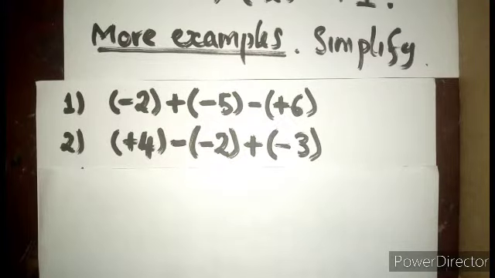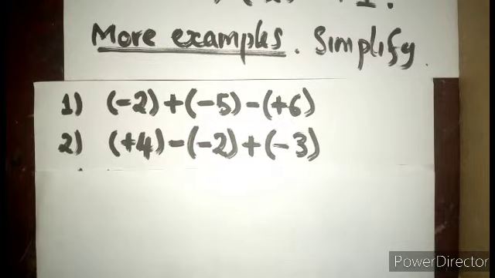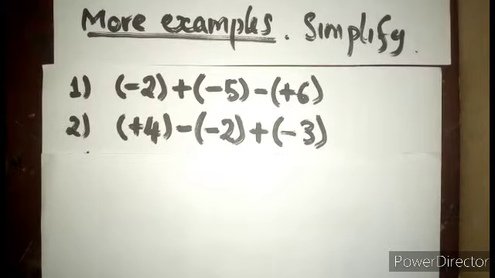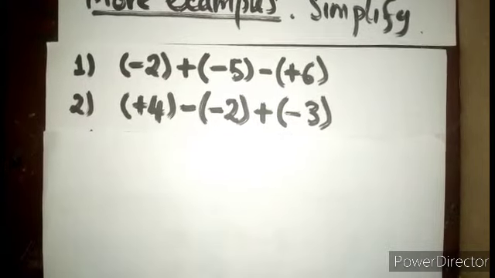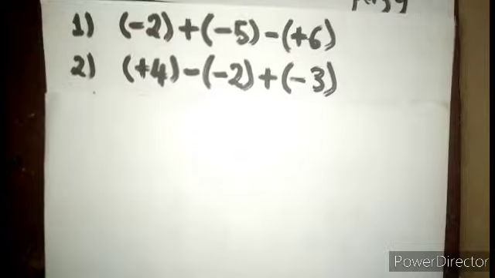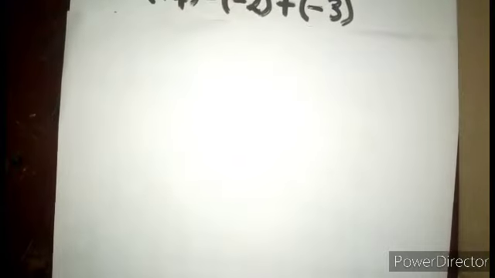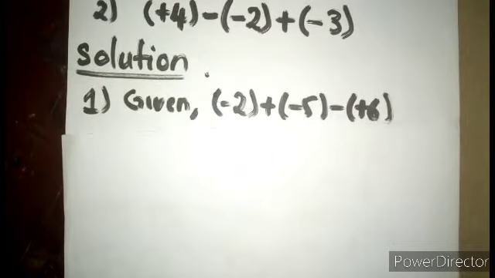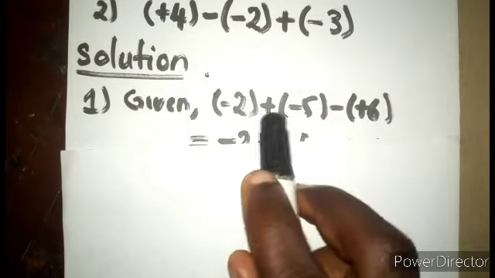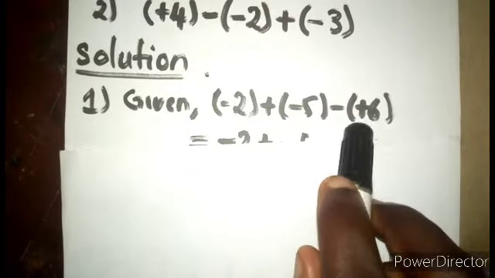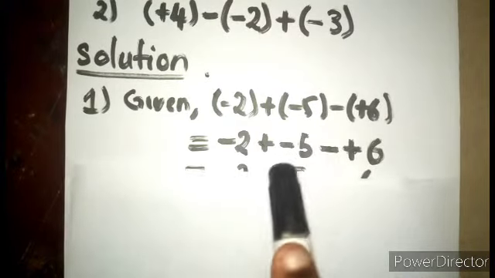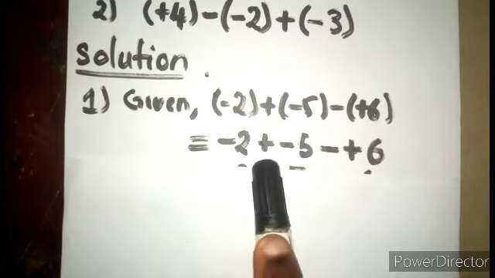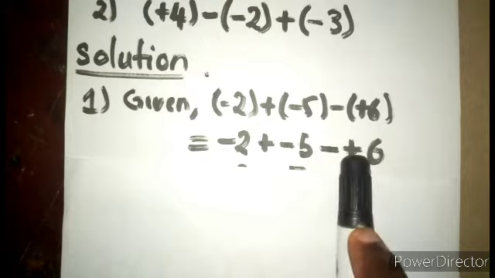Now we look at more examples on the subtraction and the addition of directed numbers. So start with the first one, where you are given negative 2 plus minus 5 minus plus 6. Opening the bracket, we have negative 2 plus minus 5 minus plus 6.